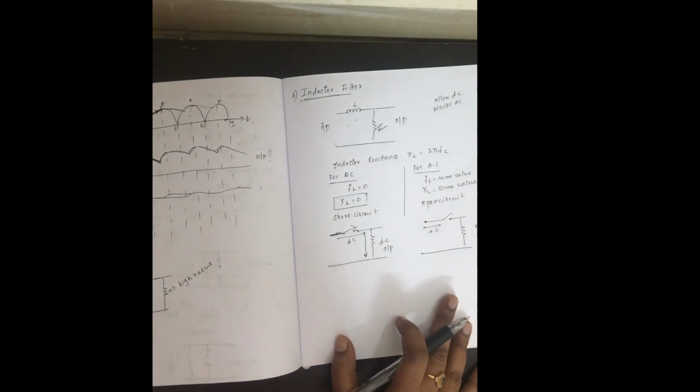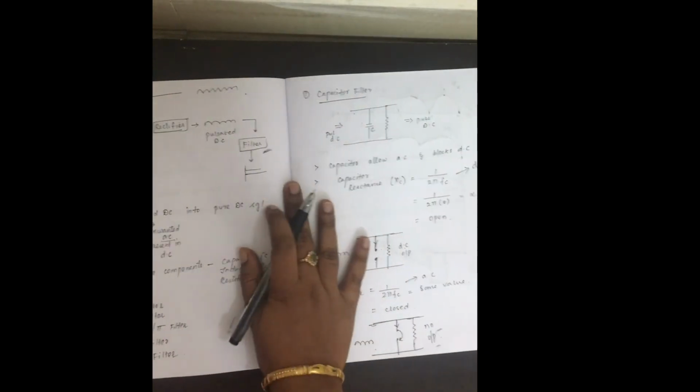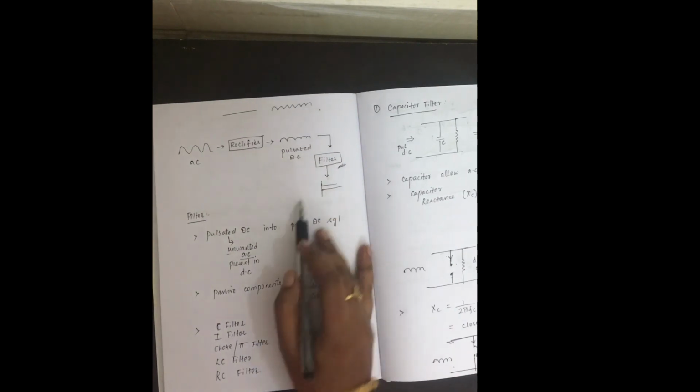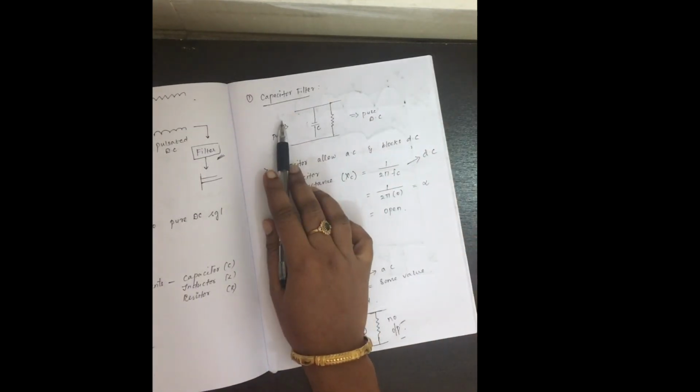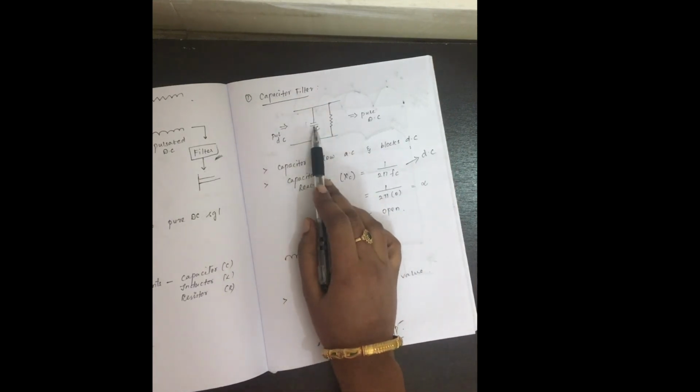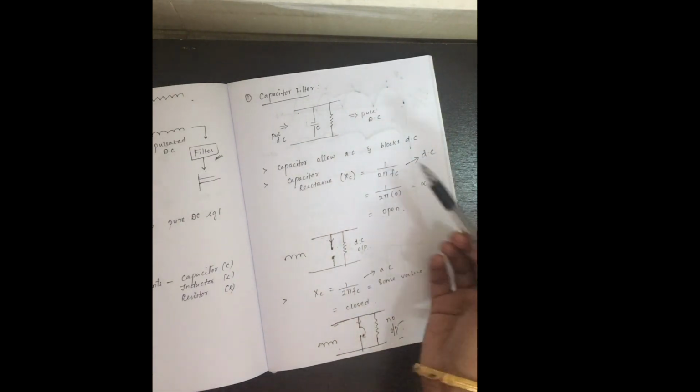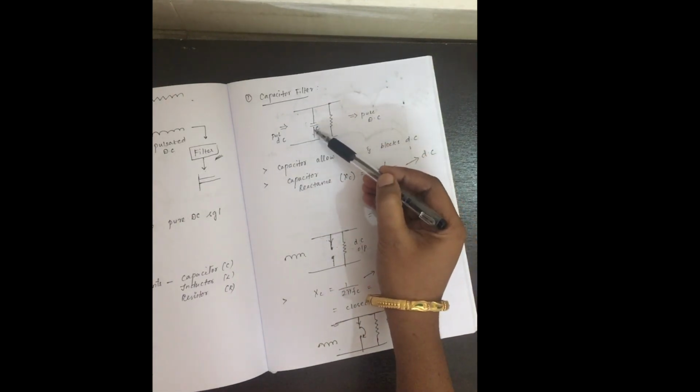So in this class I have discussed what a filter is, why a filter is used, and what the types of filter are. First is the capacitor filter: when it acts as an open switch and when it acts as a closed switch. When it acts as a closed switch, it will pass AC, so no signal is obtained.